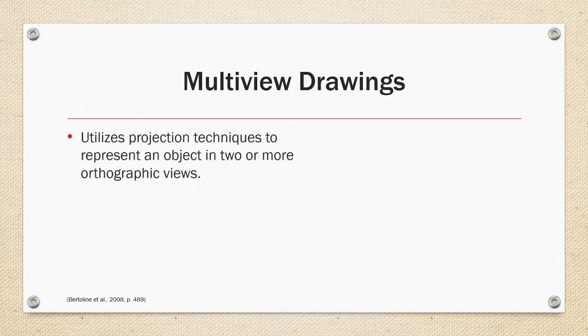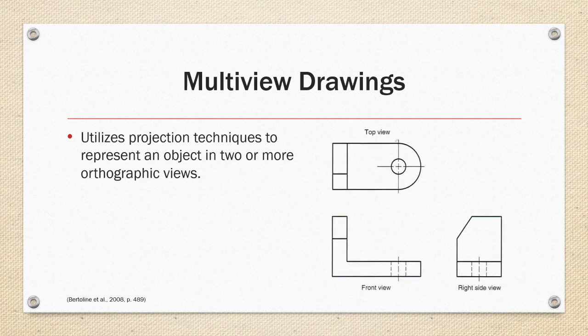Multi-view drawings utilize orthographic projection techniques to represent an object with two or more orthographic views. The example shown on the right reflects the three commonly used views of front, top, and right side to describe the object.